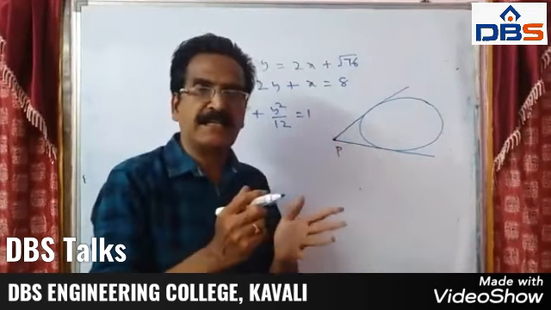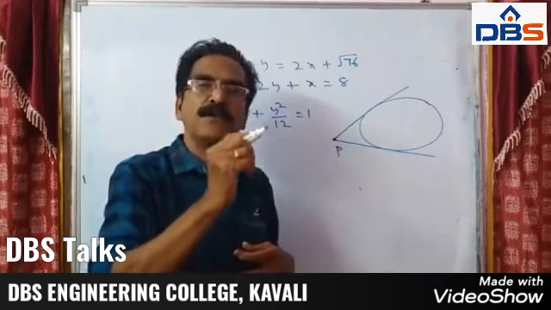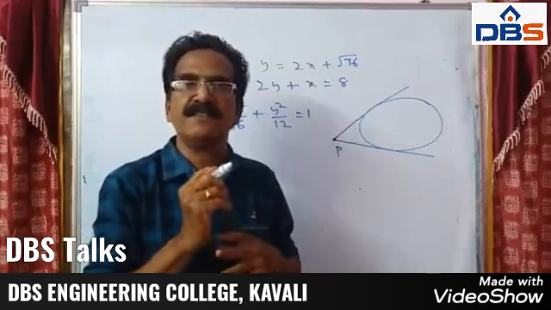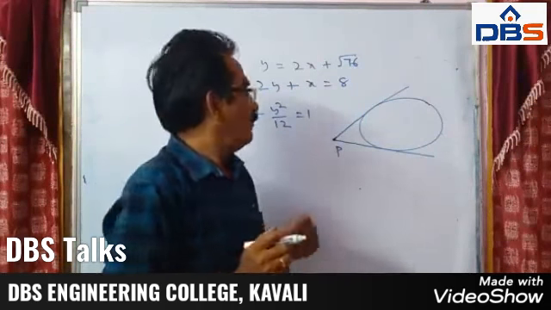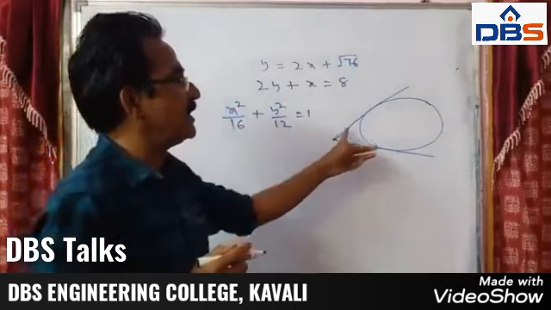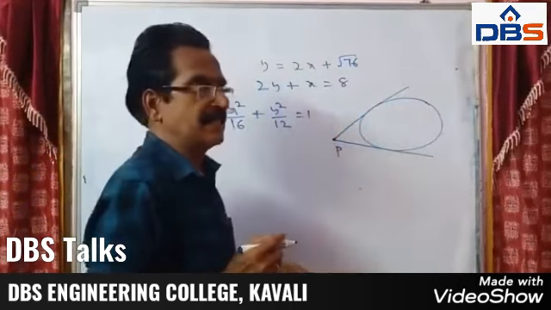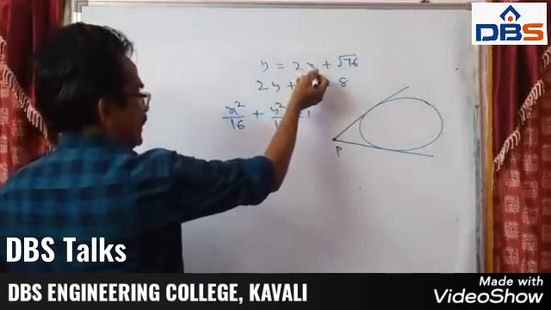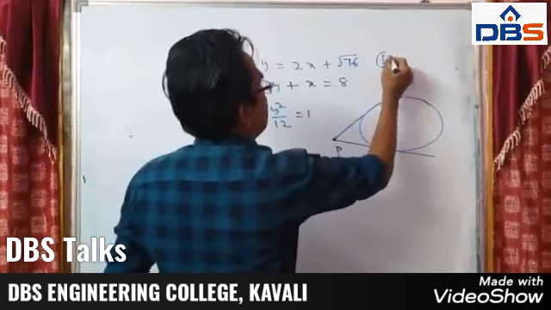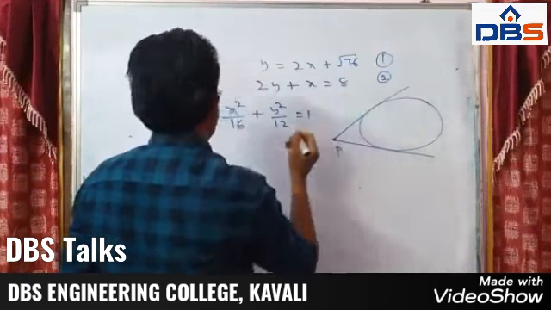This point lies on a circle and we have to find the equation of that circle. Okay friends, now let us see how these tangents are. This is tangent equation 1, this is tangent equation 2.